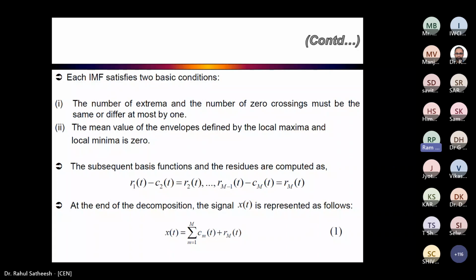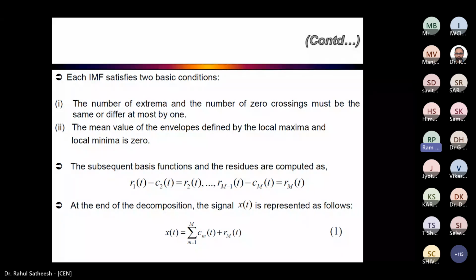That residual should satisfy two very important conditions. First, the number of extrema and the number of zero crossings must be the same or differ at most by 1. This condition ensures that whatever IMFs we obtain are like sine and cosine functions. Second, the mean value of the envelopes, defined by the local maxima and local minima, is 0. This condition ensures that the IMFs you obtain are symmetric in nature.